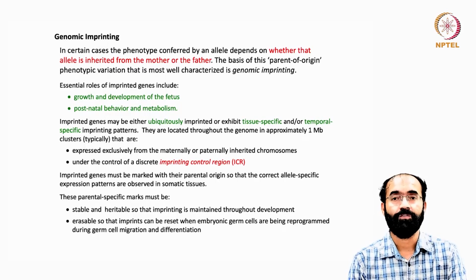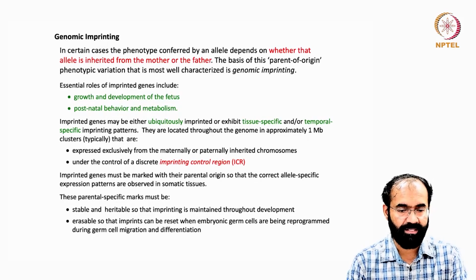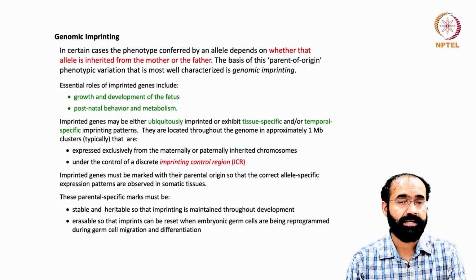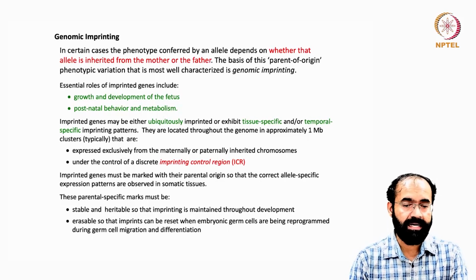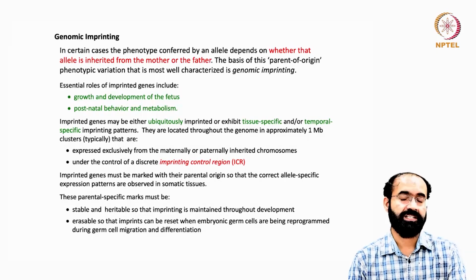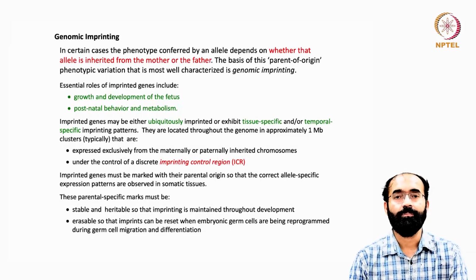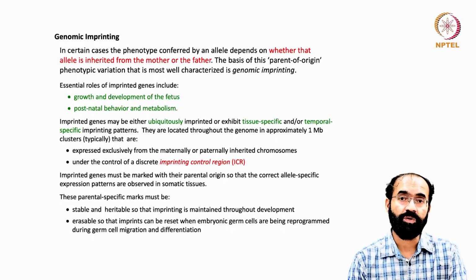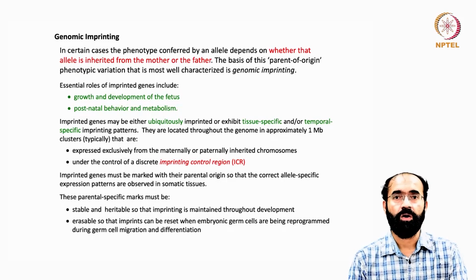That much widespread span the effect will have. These 1 MB clusters are under the control of a discrete imprinting control region, which we call ICR. Imprinting control regions govern the overall expression of this entire region.